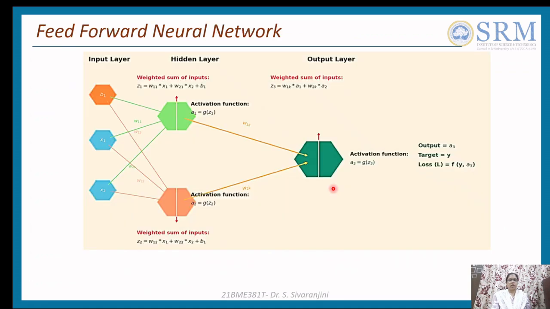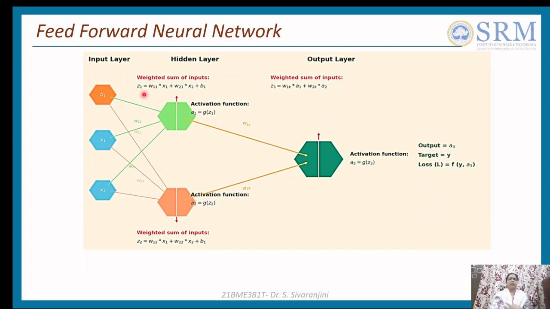So moving on to a feed-forward neural network. What is this feed-forward neural network? As I told you before, we have an input layer, a hidden layer, and an output layer. In the hidden layer, the weighted sum of inputs is calculated. So what is this weighted sum?